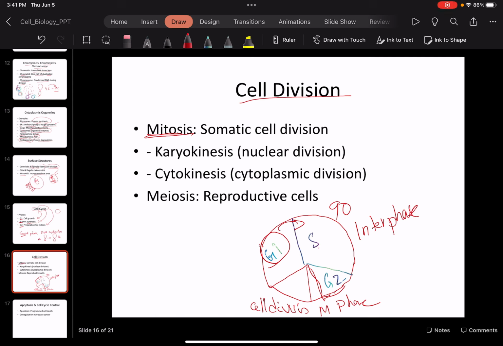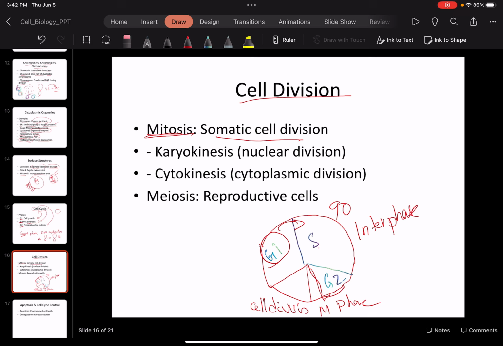There are different types of cell division. Mitosis is somatic cell division. Somatic cell division means every cell except your sex-related cells, which are the ova for the female and the sperm for the male. Those two go through a different type of cell division.